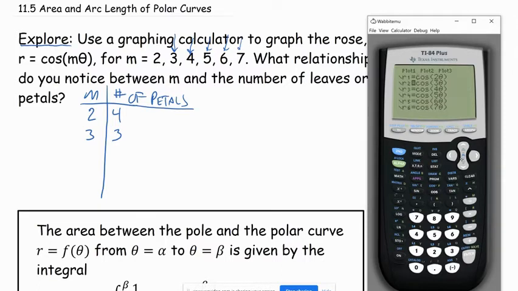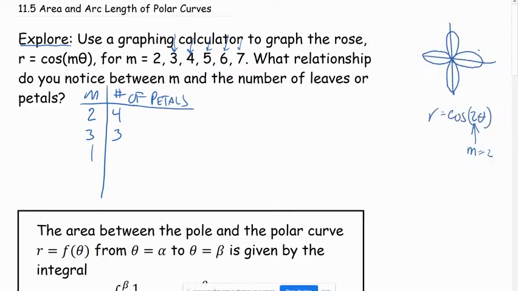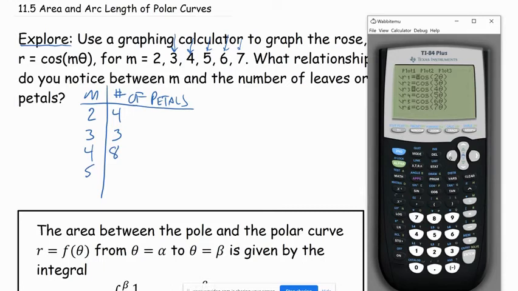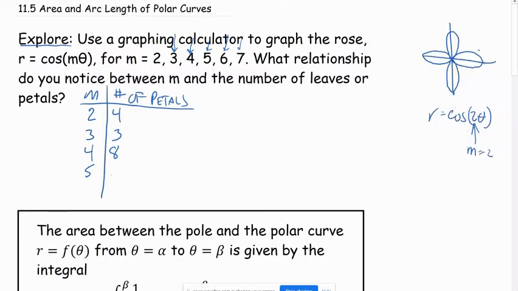And then if I graph with m equals 4, we have 8 petals. When m is 5, we get 5 petals.